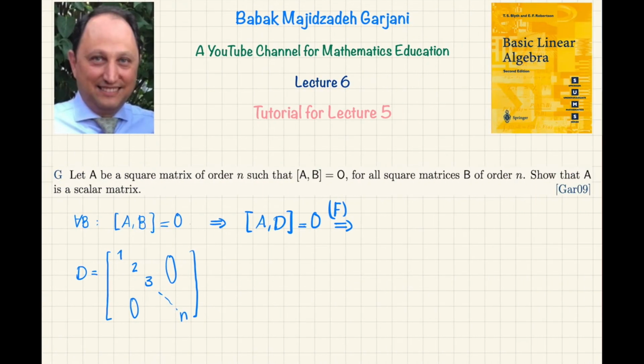Here, because this matrix commutes with all n by n matrices, it also commutes with this particular n by n diagonal matrix. But the entries on this diagonal matrix are not equal, none of them. So based on problem part F, I can conclude that A is a diagonal matrix.